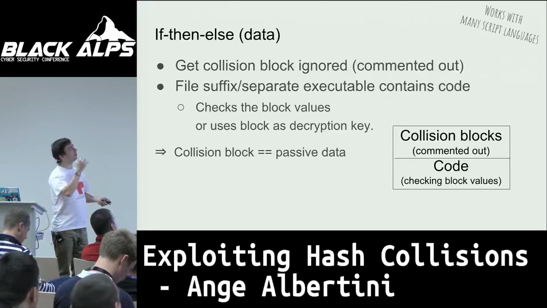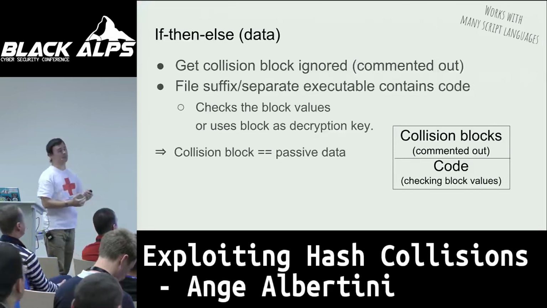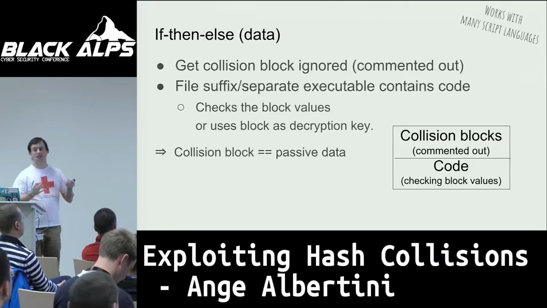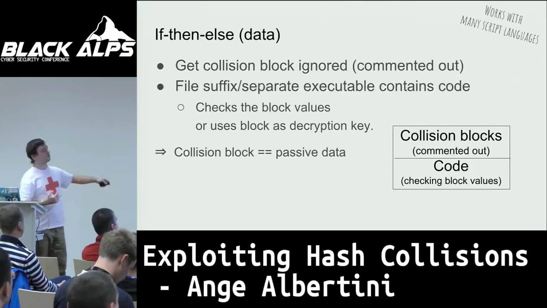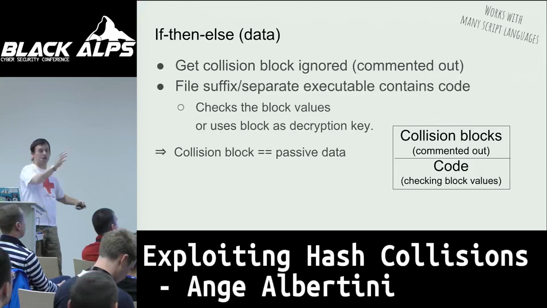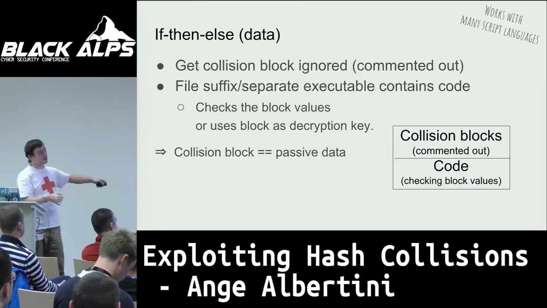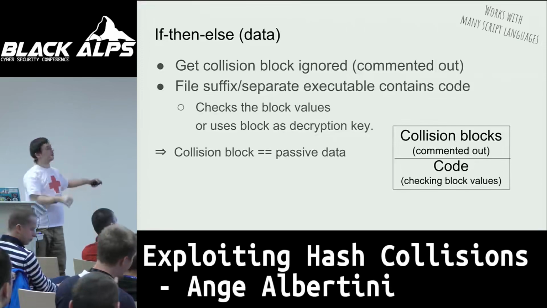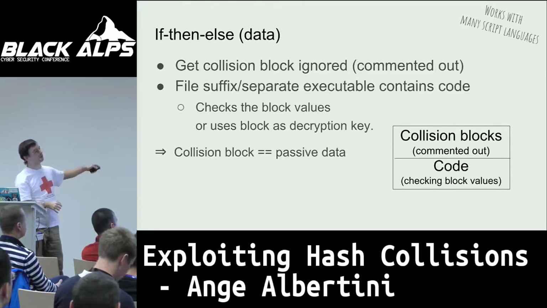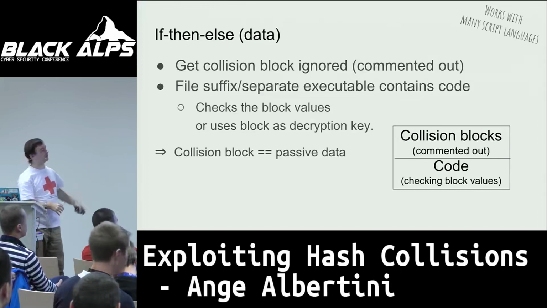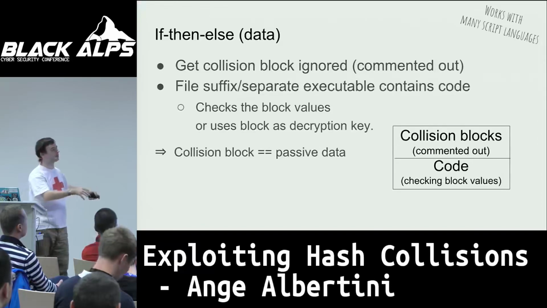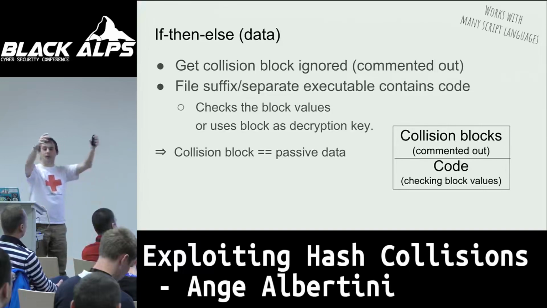So the common one is that you just use the collision block as some data that will be used by some code that comes later. Basically you just comment out the collision block by one means or another, like starting with a hash or a comment, and then you add some code that will reuse this as pure data. Or maybe it's an external executable, like in the Kaminsky research, that will use these blocks as a decryption key.